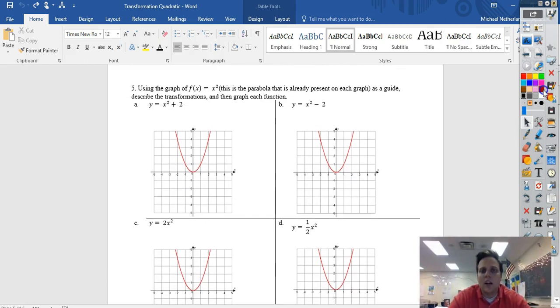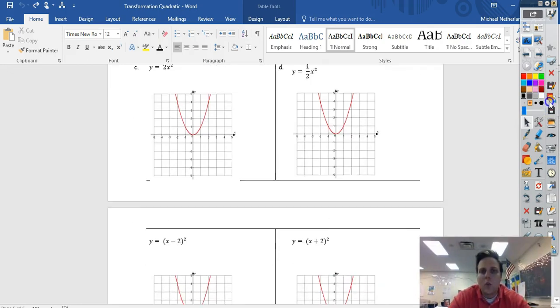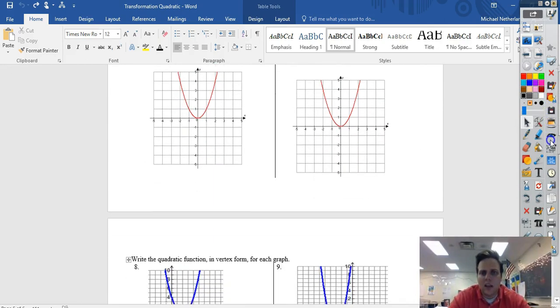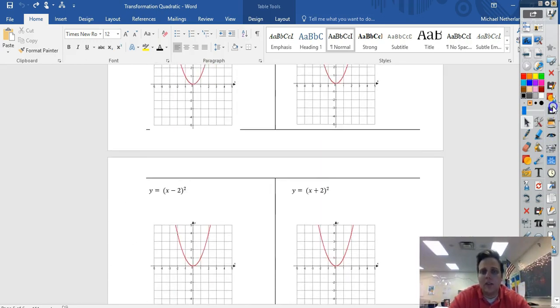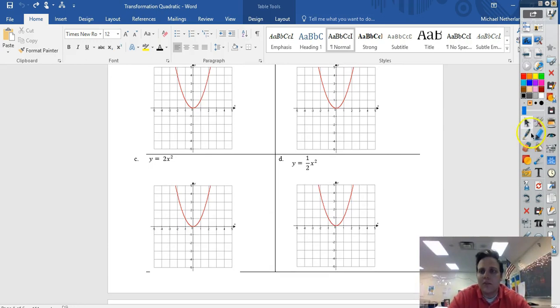To go back to where it got confusing, which was working out the a values, okay? Which was talking about the a values. Alright, so I'm going to go back to this problem right here on D real fast. Again, I apologize that I got confusing, but 1/2 x squared, how would you graph that?